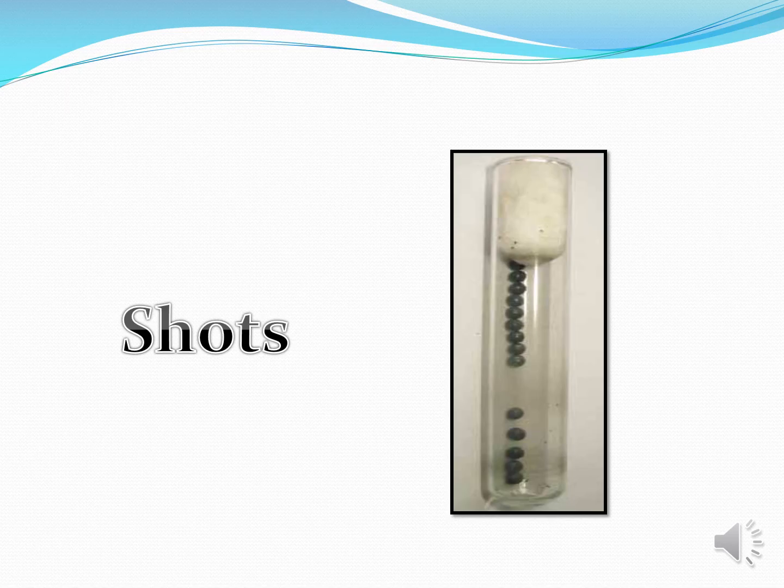The third specimen of ballistics is called shots. Shots, it is a very easy specimen. We will comment. It is shots. It is spherical, machine made, small, regular, equal in size and shape.